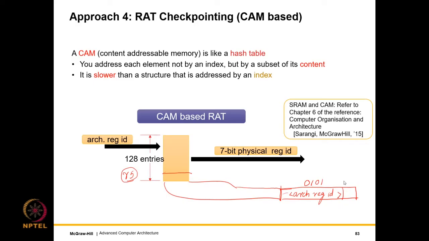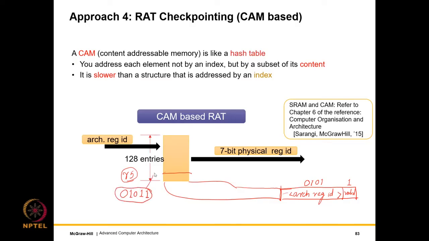One of them will be the most recent, let us call it valid, and the rest invalid. So we want the valid bit to be 1, which means it's the most recent mapping, and also that it is mapping to R5. So the key in this case is 0101 corresponding to R5, and the fact that it's a valid mapping, the most recent mapping.